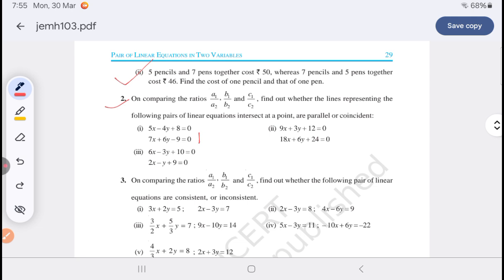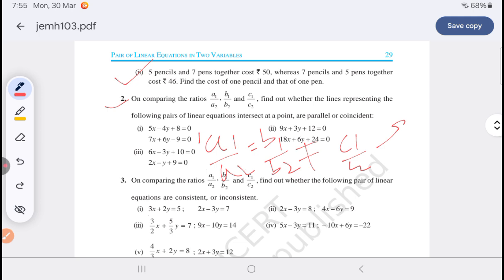If they are parallel, then a1 by a2 equals b1 by b2, but not c1 by c2.